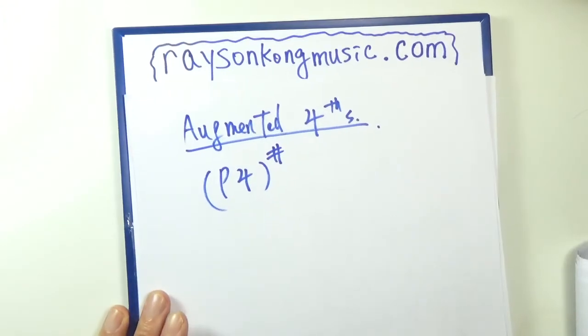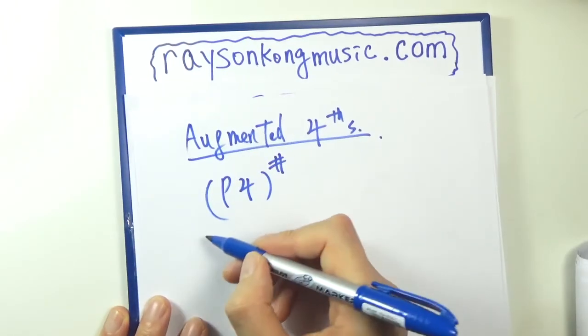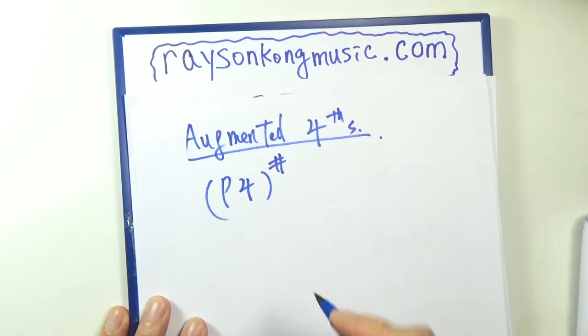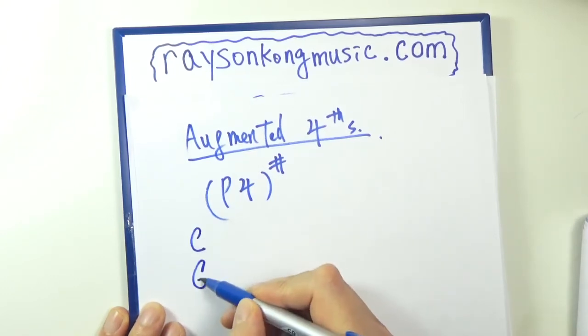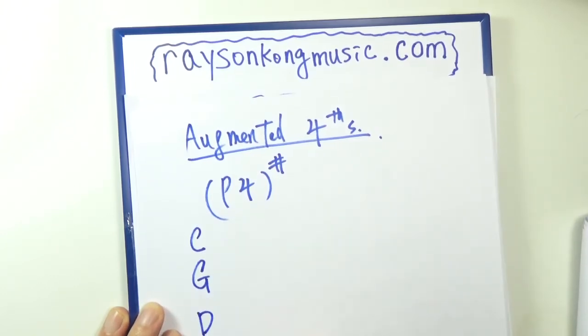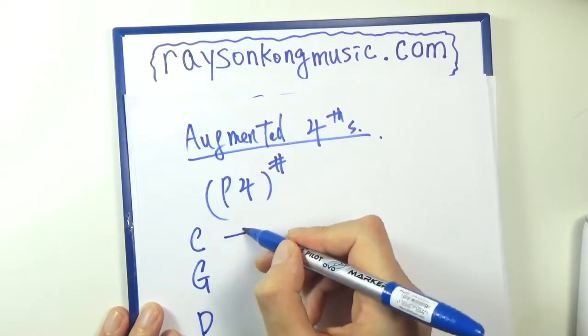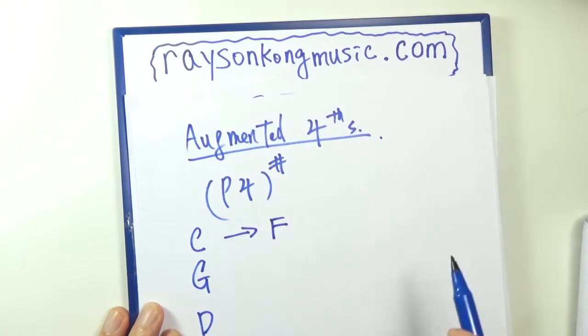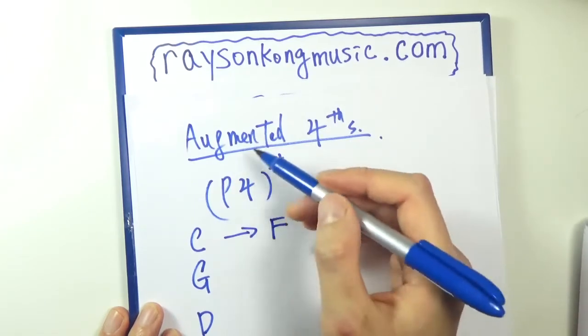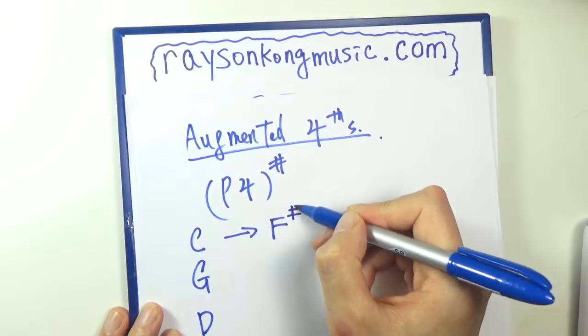All right. So let's do a bunch of exercise. Okay. So let me grab a few notes. So again, C to F would be your perfect fourth already. In order to get an augmented fourth, put down a sharp here.